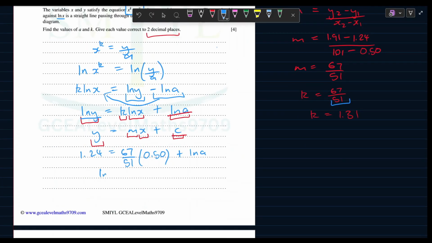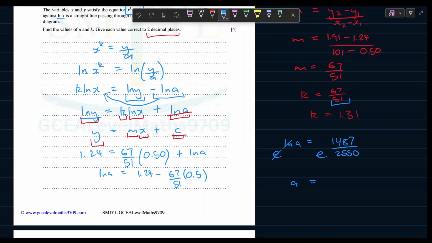So we get that ln a is equal to 1.24 minus 67 over 51 times 0.5. Let's punch this into the calculator, and that gives us 1487 over 2550. And so to find a, we need to take the exponent on both sides. So here it would cancel out and you get a is equal to the exponent of 1487 over 2550.